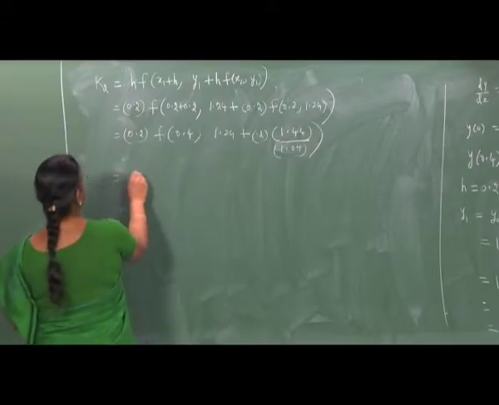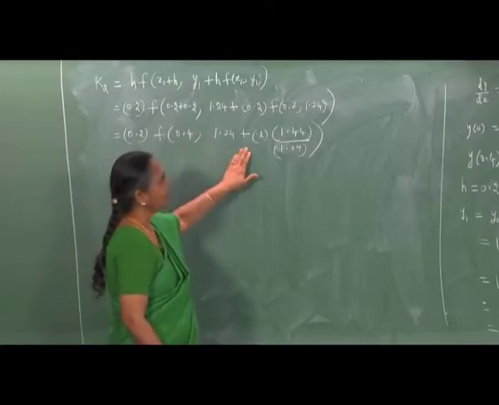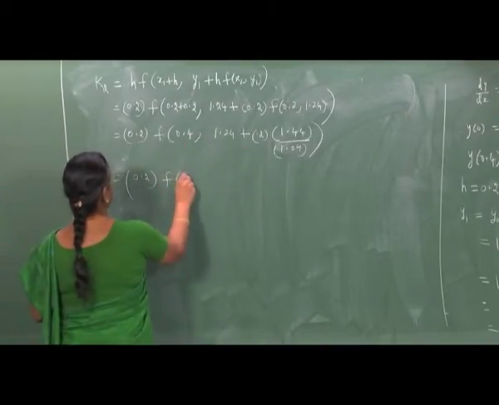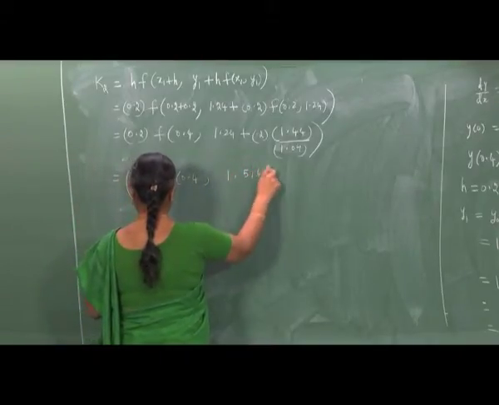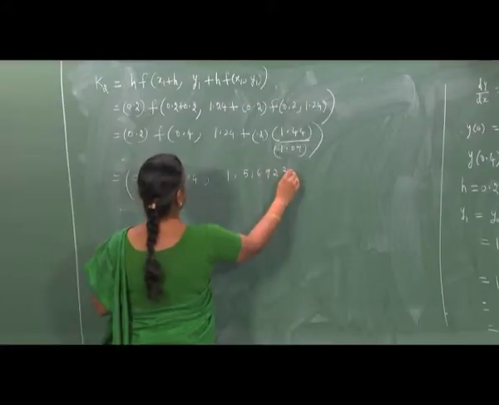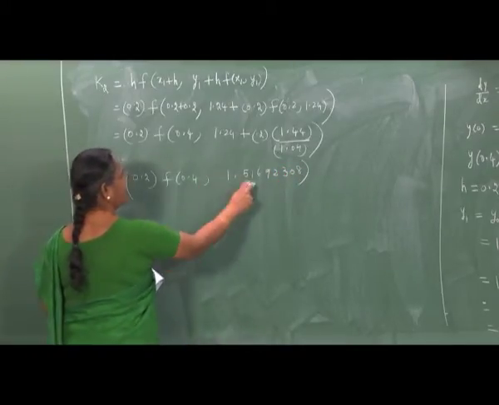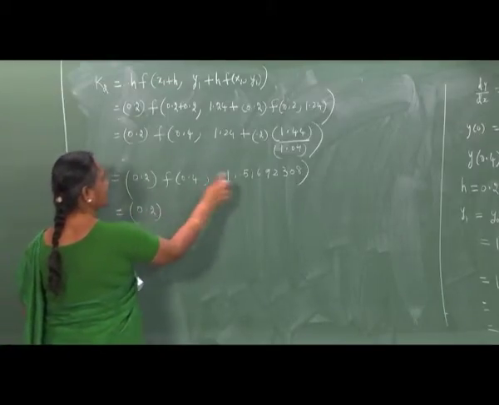So, we have 0.2 times f of x comma y. That turns out to be 1.51692308. So, this function has to be now evaluated. What is f of x comma y?